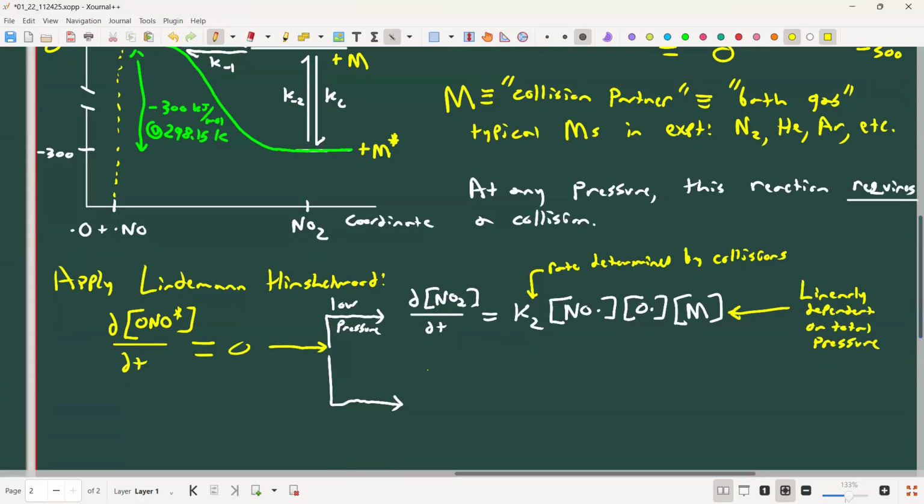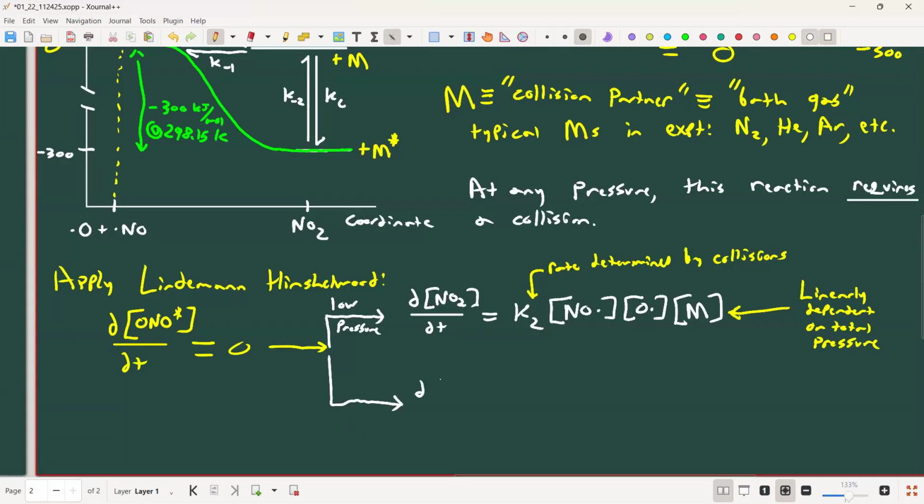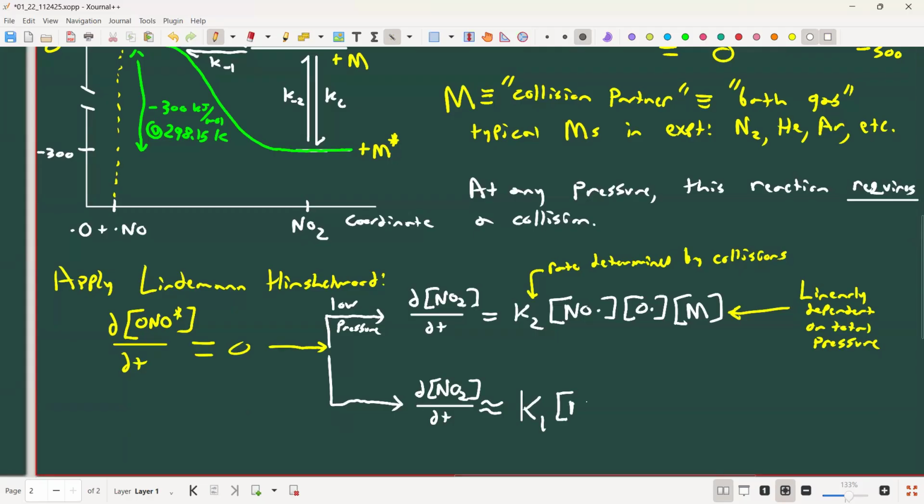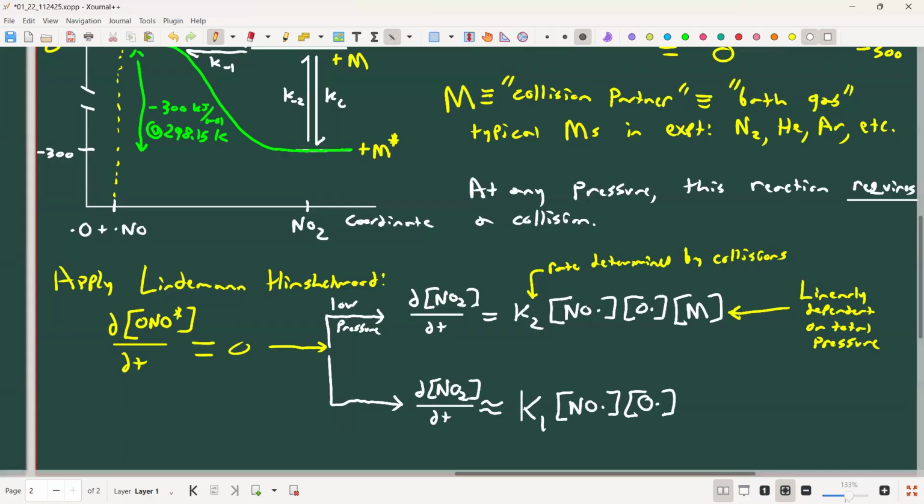Right? And then at high pressure, those collisions are happening all the time. And we lose that dependence. It's mostly proportional to the rate at which NO and O see each other. Right? And that's what we would expect for this reaction.